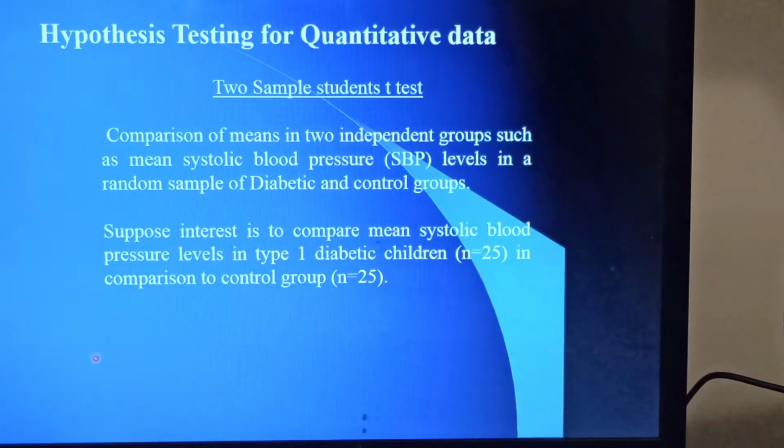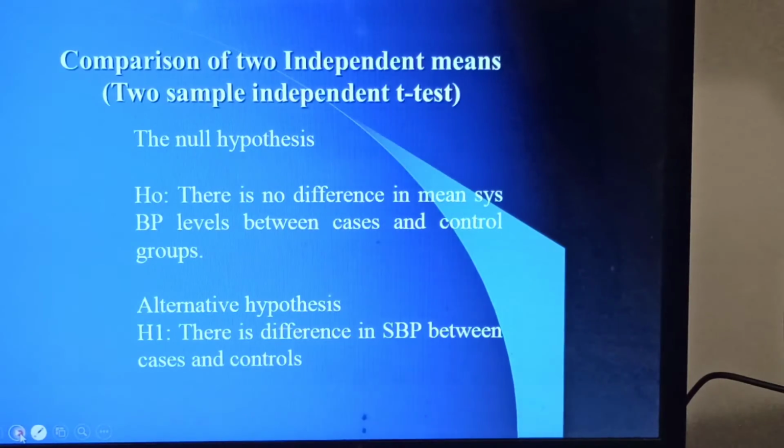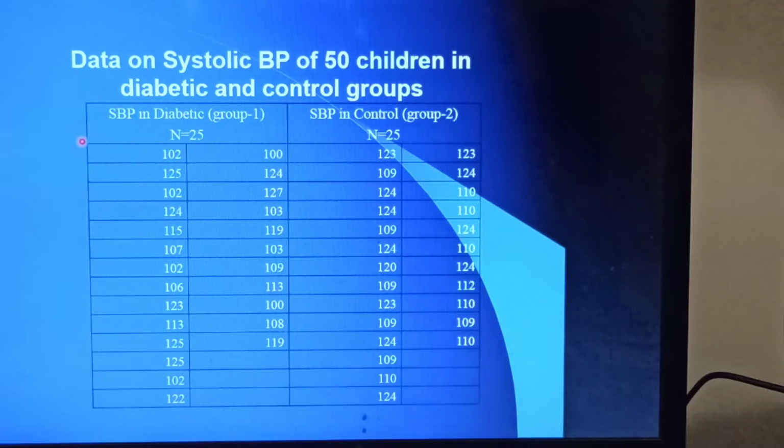Each with a sample size of 25 we are going to consider, and the null hypothesis and alternative hypothesis. Null hypothesis we assume no difference, and alternative hypothesis is there is a difference. Then this is the hypothetical data that we used in the demonstration for SPSS package.